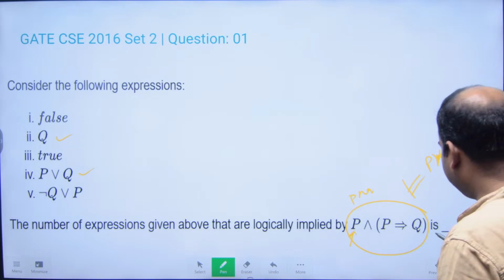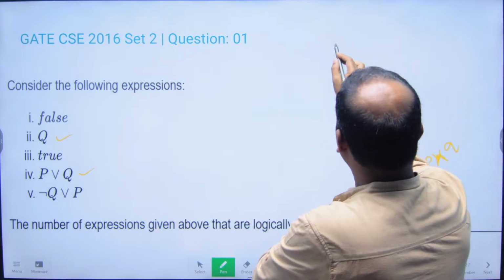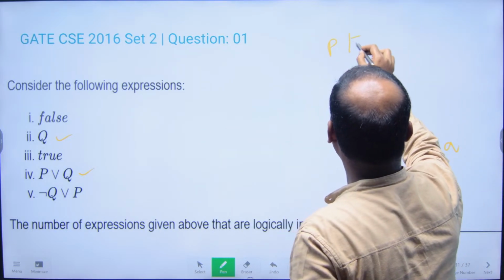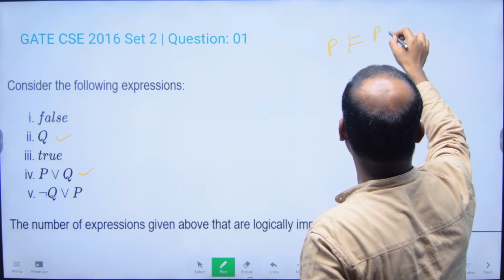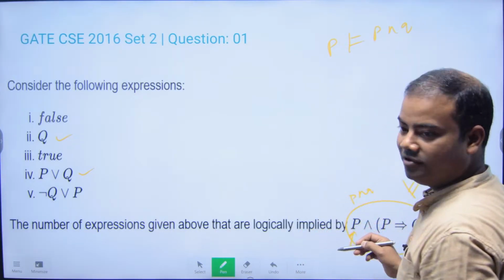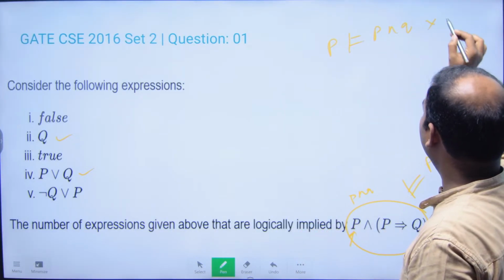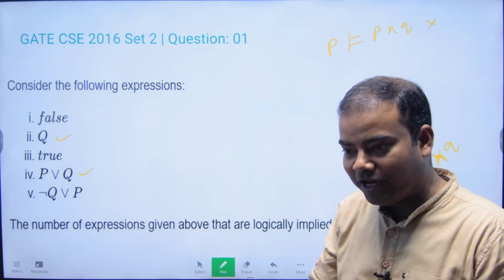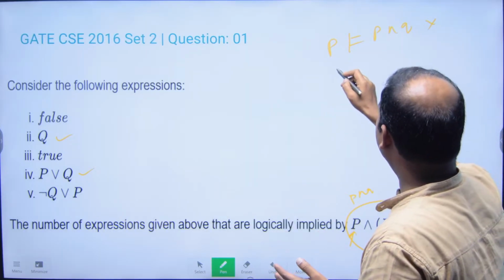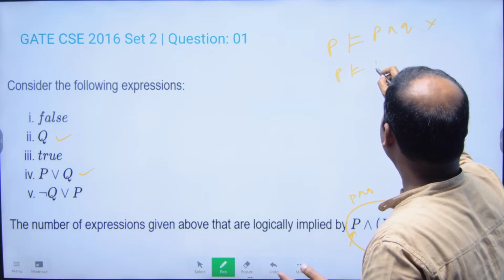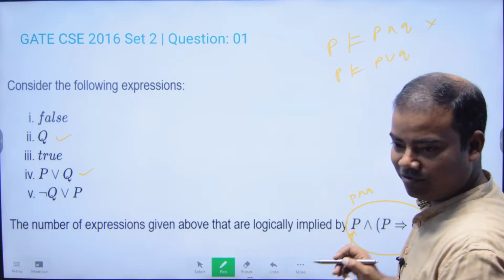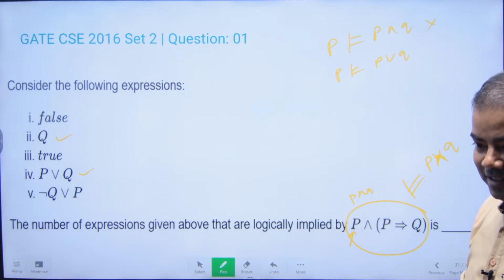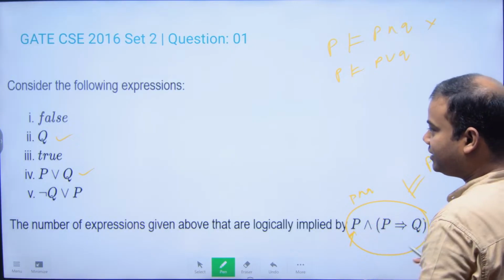But I am telling that from P, can you conclude P and Q? No. If P is true, from P you cannot say P and Q. But from P you can conclude P or Q. Is it clear? So from this you can conclude this.